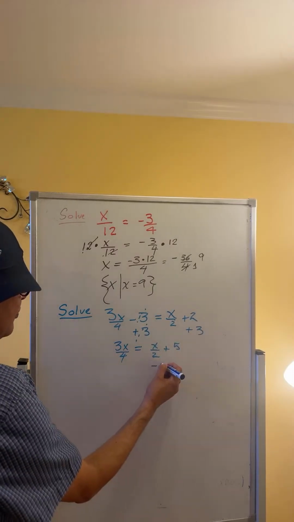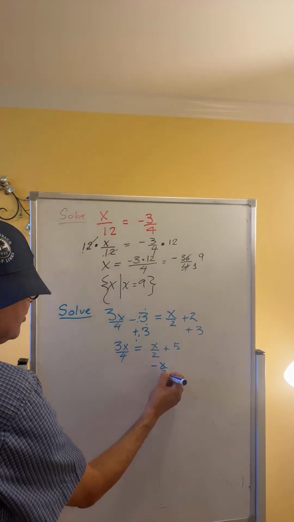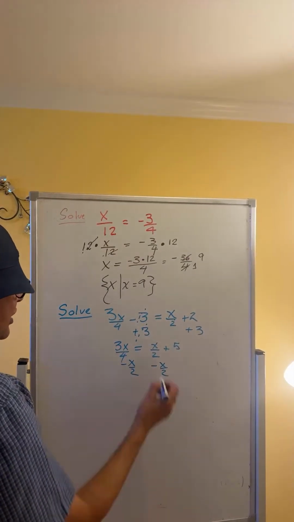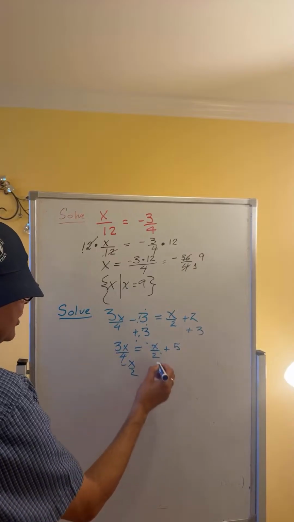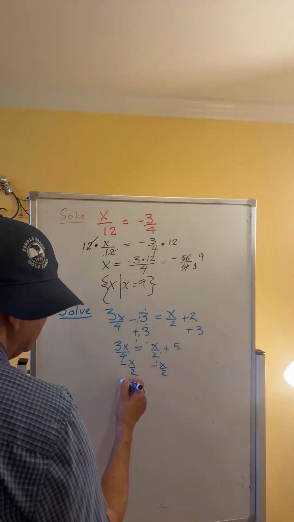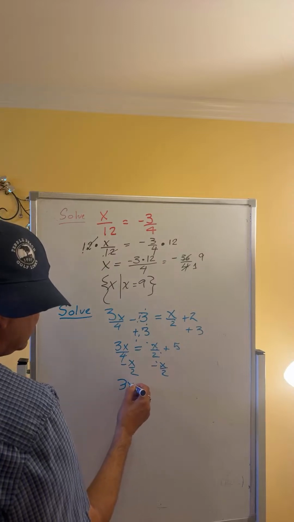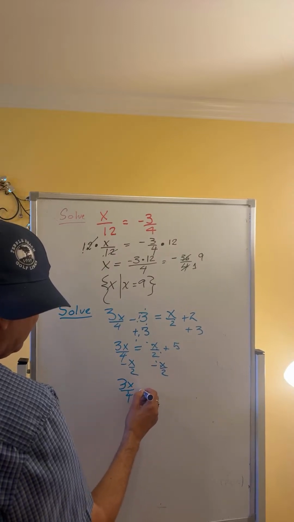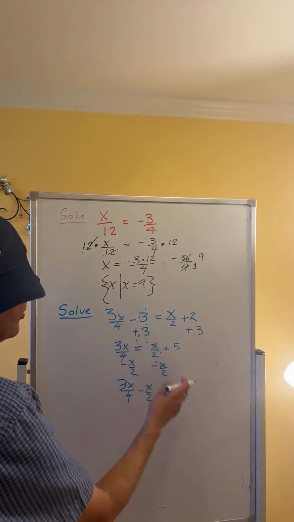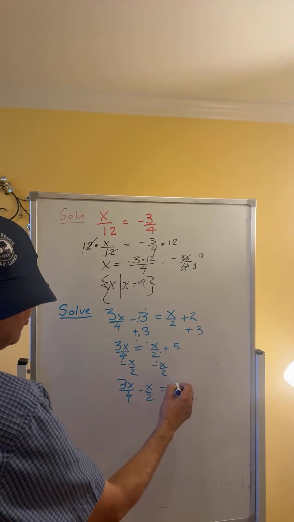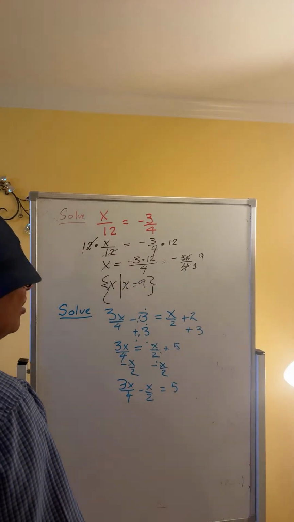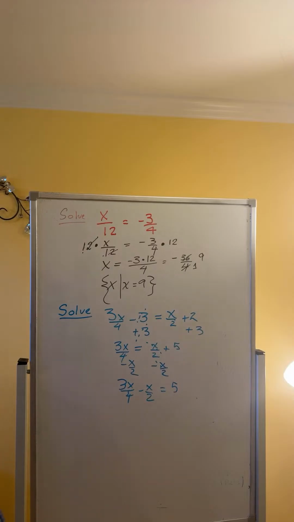The opposite of plus is minus. Minus x over 2 on both sides. In that case, this x by 2 will cancel with minus x by 2 on the right hand side. So we will get 3x by 4 minus x over 2. X over 2 cancels on the right hand side and we are left only with the constant term 5 on the right hand side of the equation.